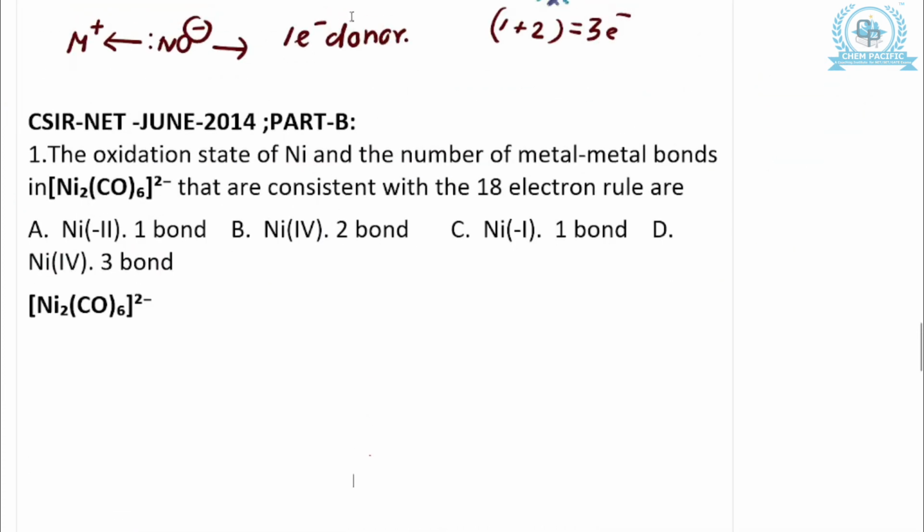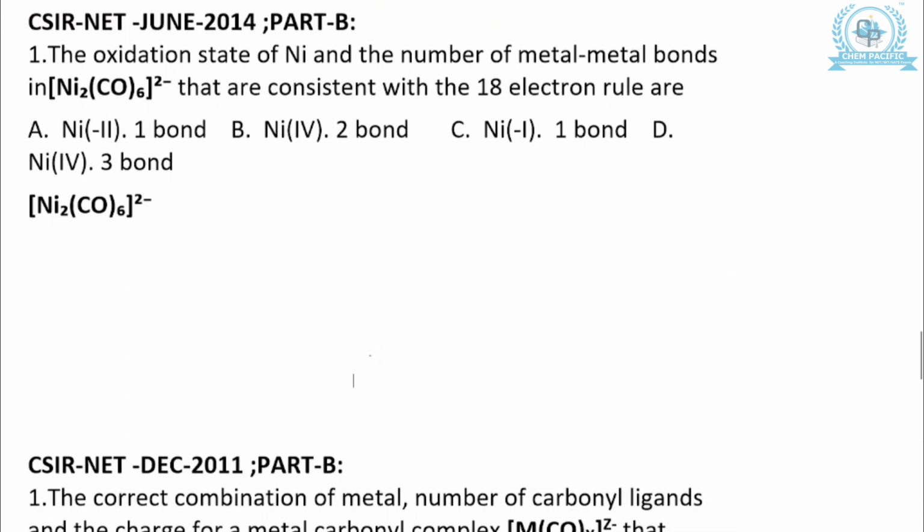Now let us move on to the next question, CSIR-NET June 2014 part B. They are asking for the oxidation state of nickel, and also the number of metal-metal bonds in this complex.